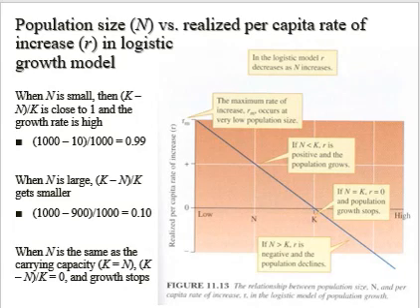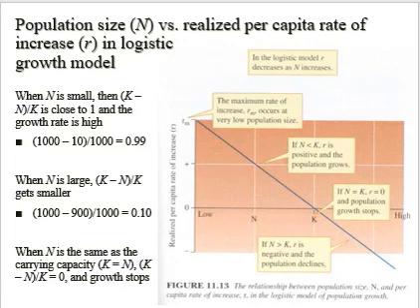So when the population size, N, is very small, the per capita rate of increase is approximately equal to r max. And as that N value increases, the realized r value decreases until N is equal to K. And at that point, the realized r value is 0.